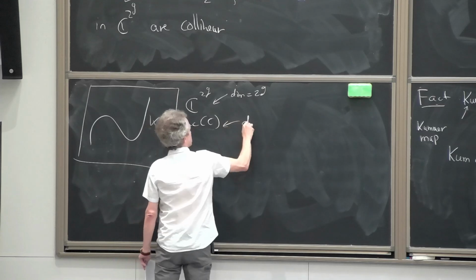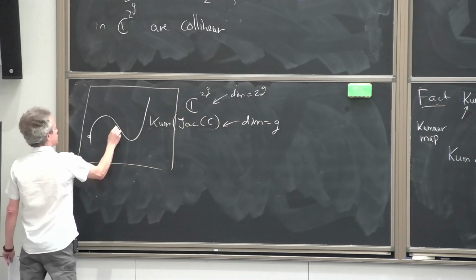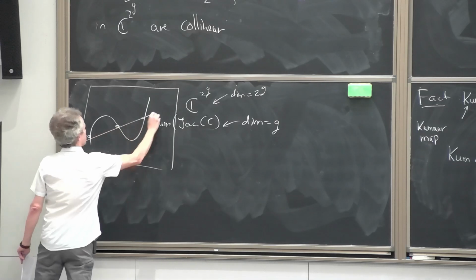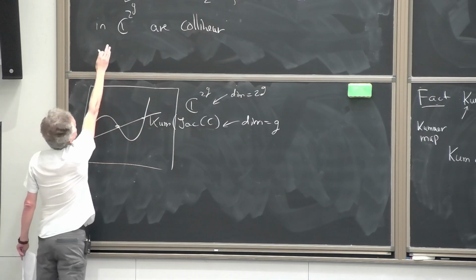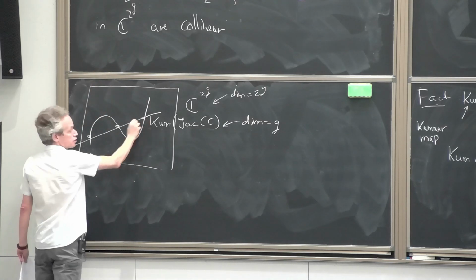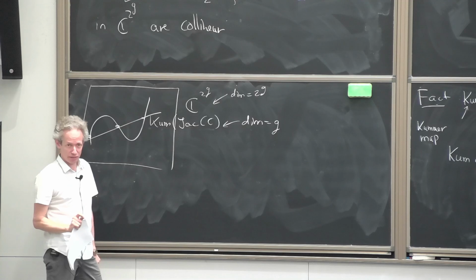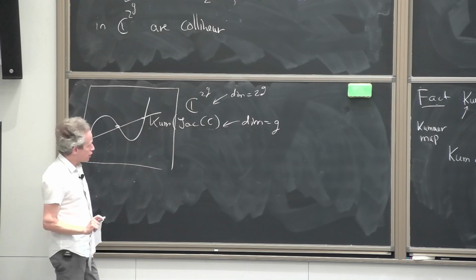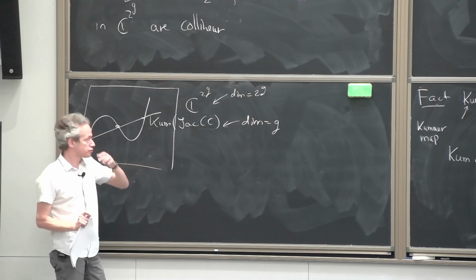This notably has dimension G. And what I'm saying is that such triples of points lie on the line, right? So there are 3 points, point 1, point 2, point 3. They lie on a line. So I do mean collinear. They lie on a line. Make sense? This is extremely surprising for high genus.